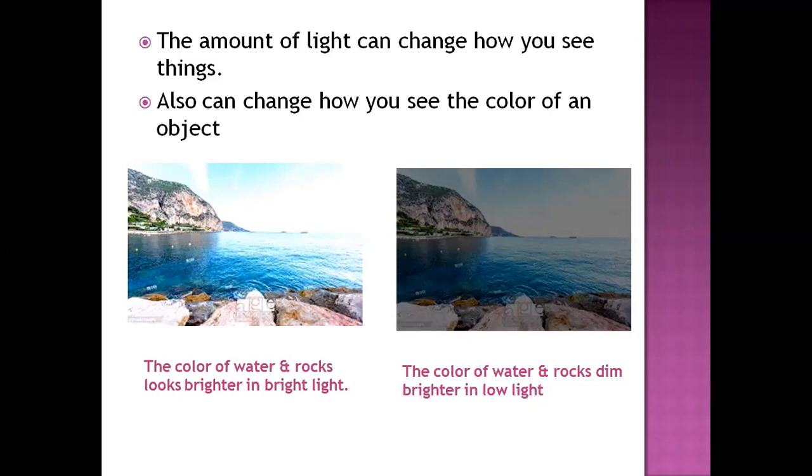Dim means the amount of light is a little bit less than the first picture. So the color of the water and the rock is dim in the low light.